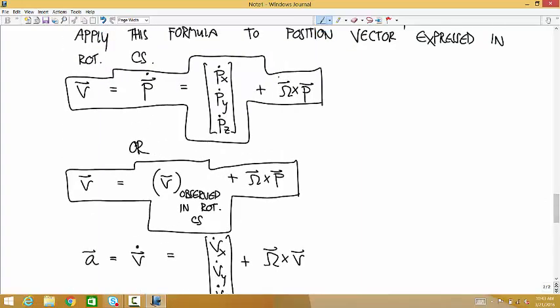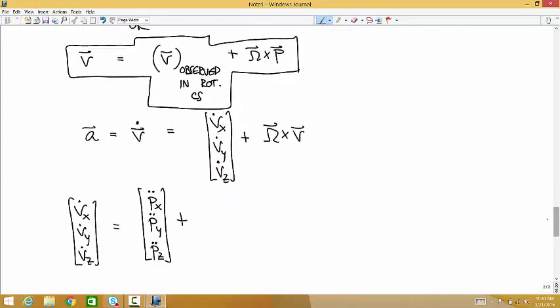And now the time derivatives of the components of the correction term give you capital Omega dot cross P, plus, product rule, capital Omega cross Px dot, Py dot, Pz dot. Okay.